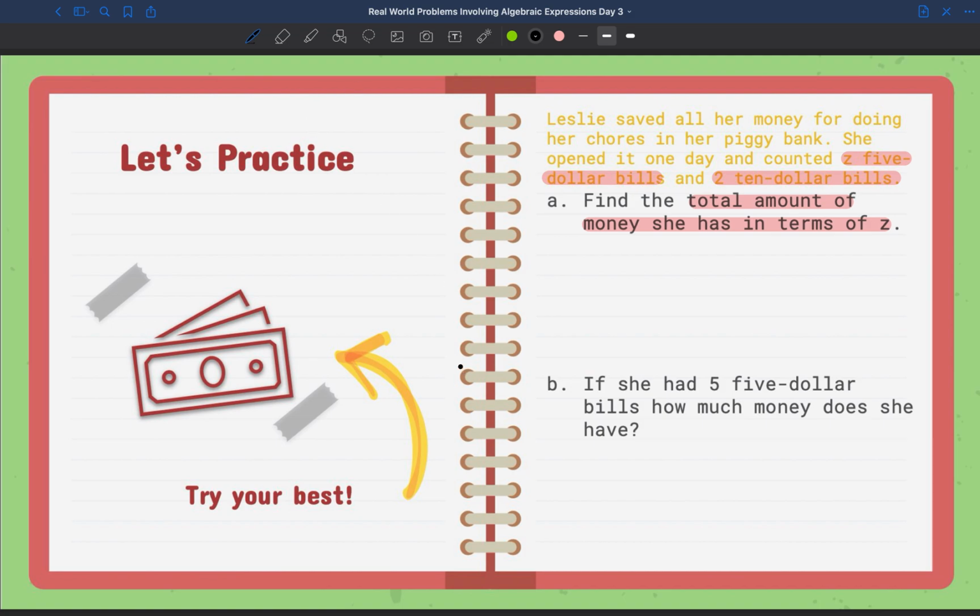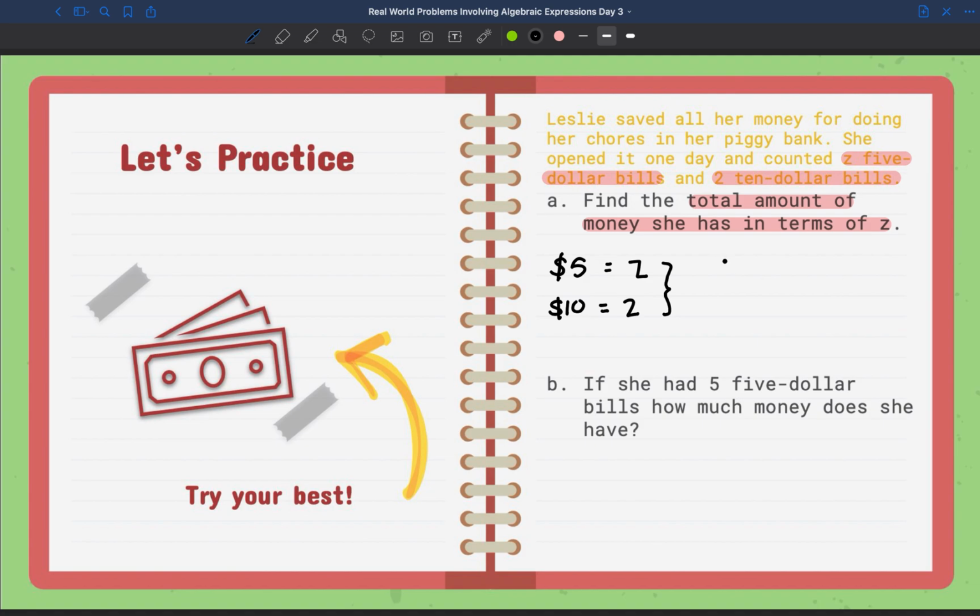So when she opened it, for her $5 bills, she had z of them, and for her $10 bills, she had 2 of them. We need to multiply because we're trying to figure out how much money she had in total.